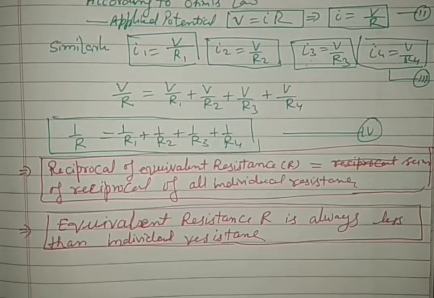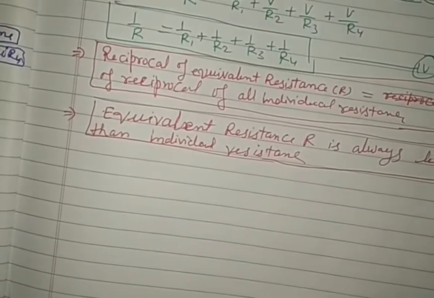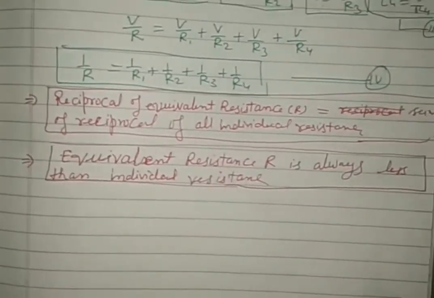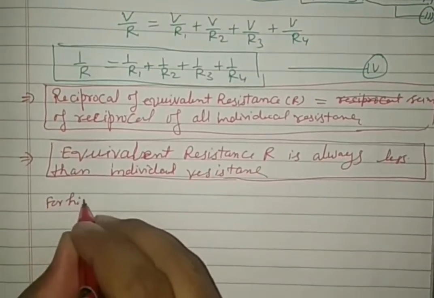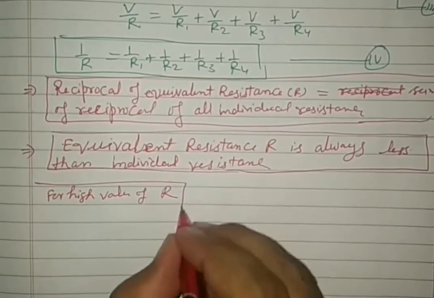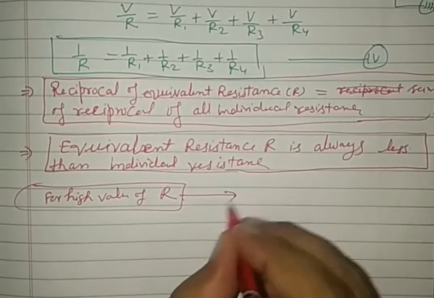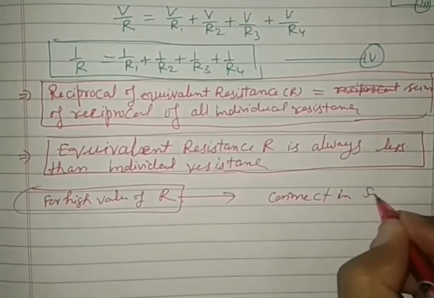Now see another thing. If we require a high value of resistance, connect the resistances in series. For a high value of resistance, connect in series.